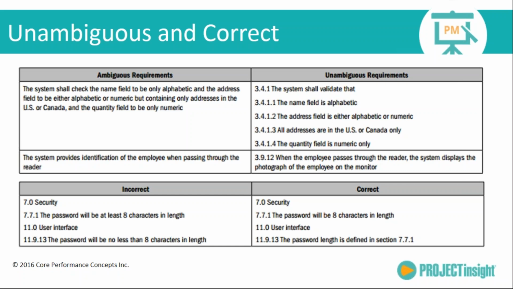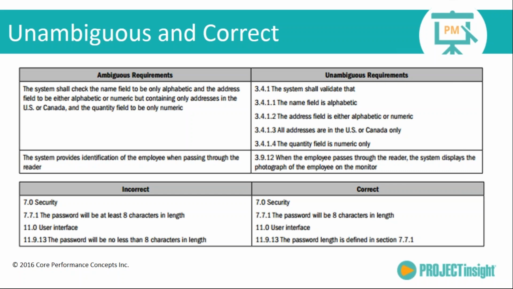So to be unambiguous, you need to test to make sure that people understand and interpret it in the exact same way. If you look here, the ambiguous requirement is a singular sentence: the system shall check the name field to be only alphabetic and the address field to be either alphabetic or numeric, but containing only addresses in the U.S. or Canada, and the quantity field to be only numeric.